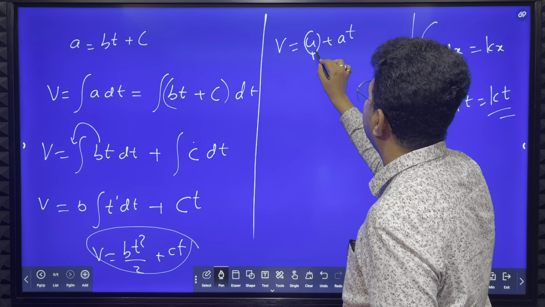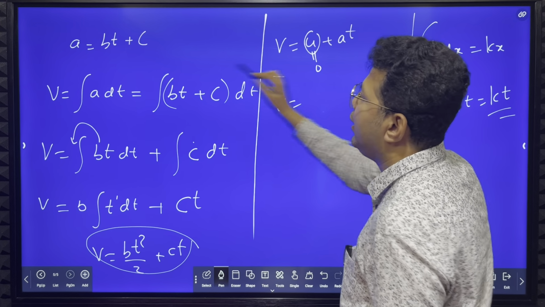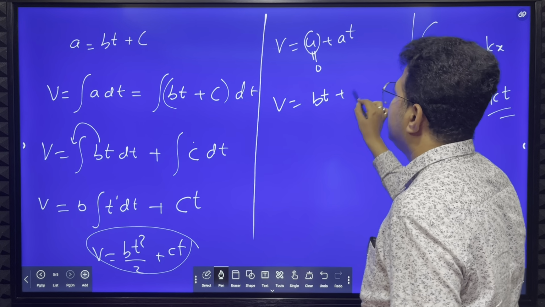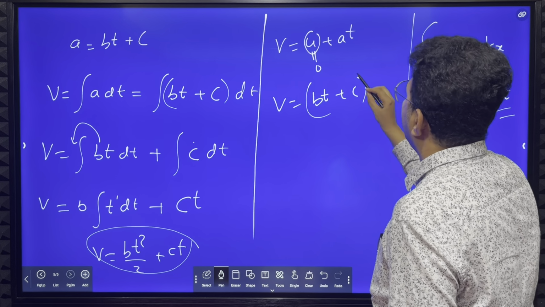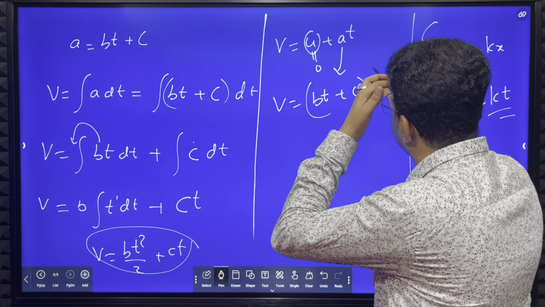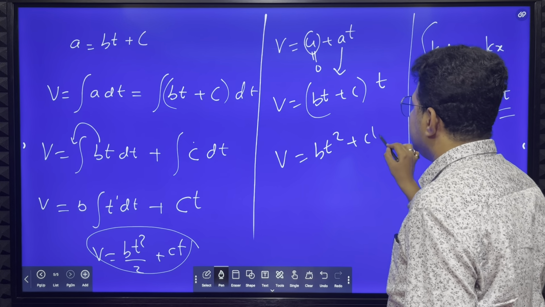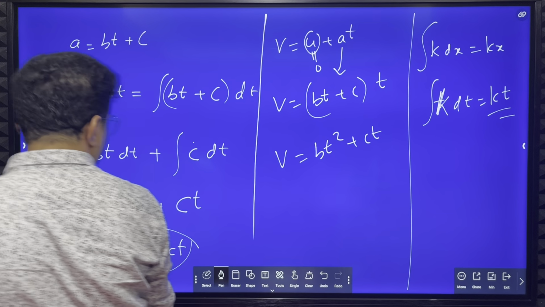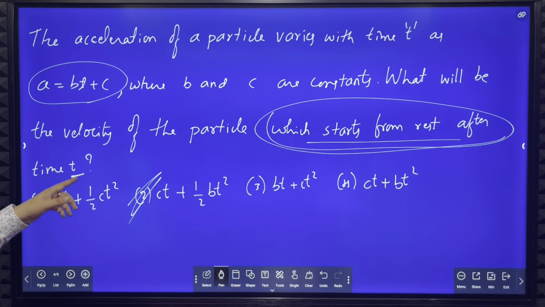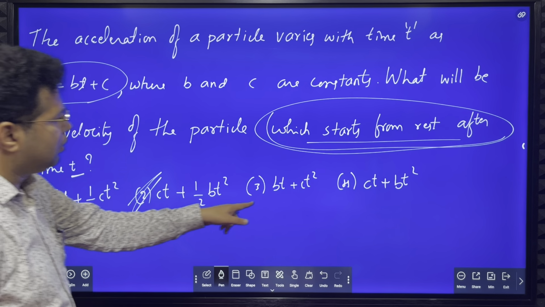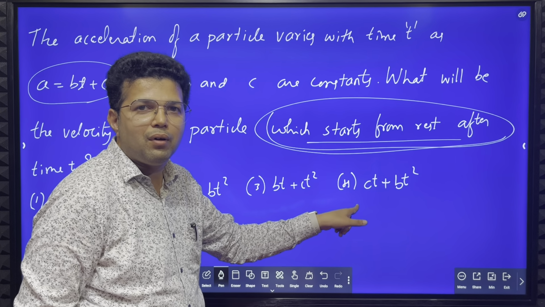So v is equal to a means bt plus c, into t. What happens? v is equal to bt square plus ct. Option 4.